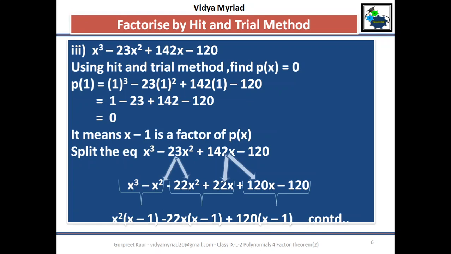From 22x square plus 22x, I can easily write down x minus 1 in the bracket when I take minus 22x outside because it is common. Same way, when I take 120 outside, inside the bracket it comes x minus 1. Is it clear? So, you see, x minus 1 is coming common in all the three pairs.